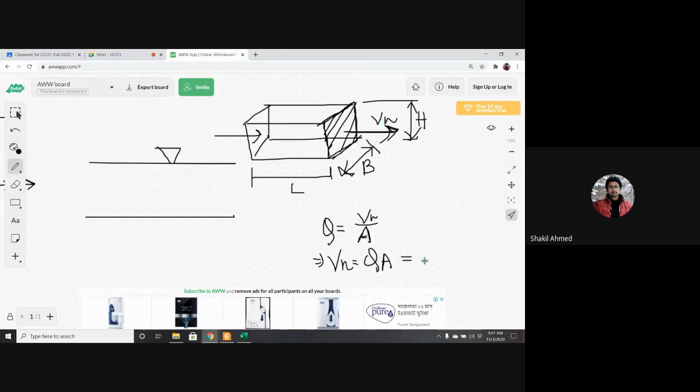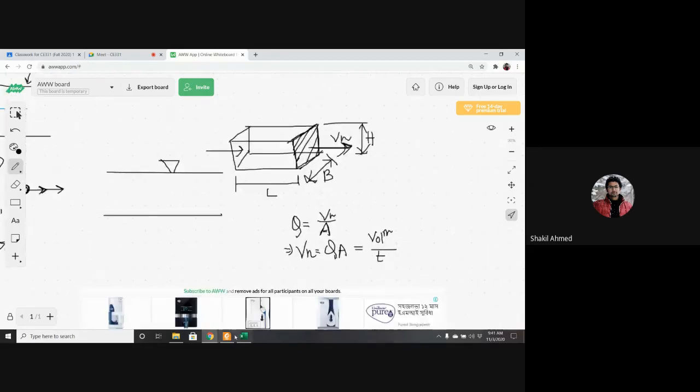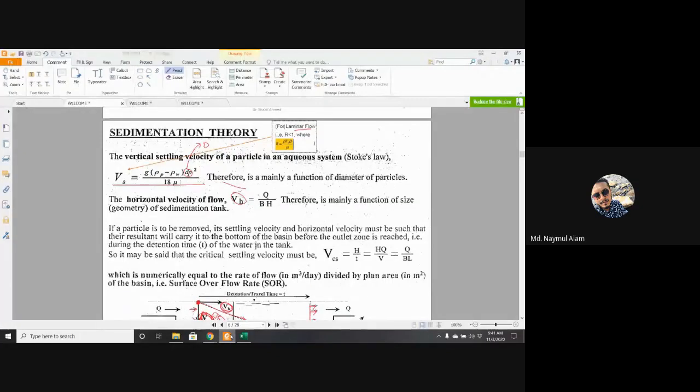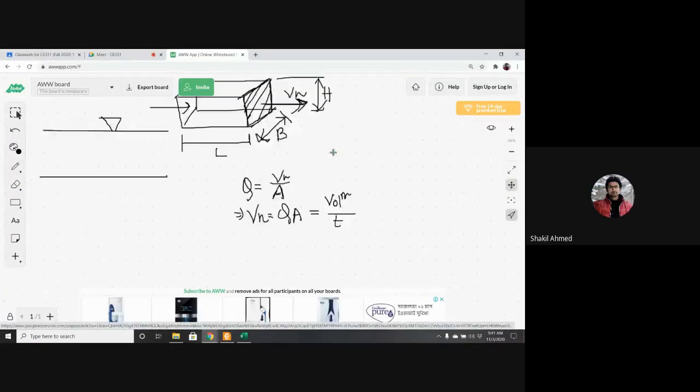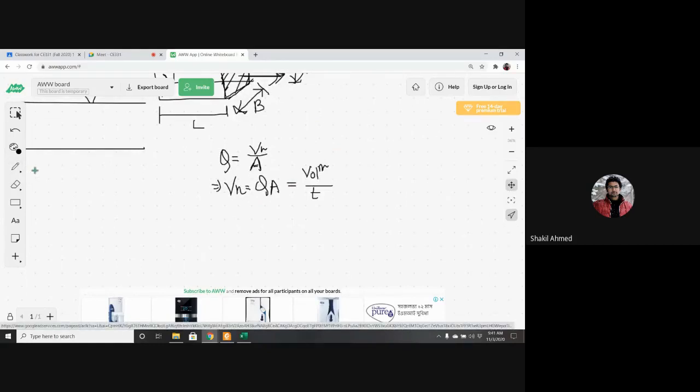Q equals volume over T, right? Oh, I made a mistake.